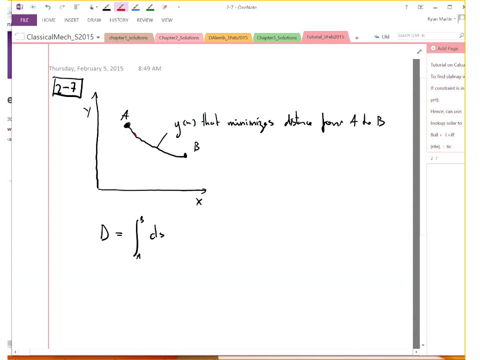Where ds is a little line element, plus the sum of all the ds's that follow the function y of x. So we've already seen that we can write this as the integral from, say, xa to xb. And the ds we can write as the square root of 1 plus y prime squared dx.